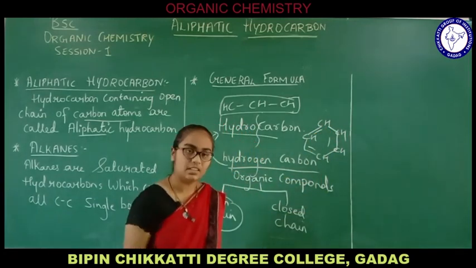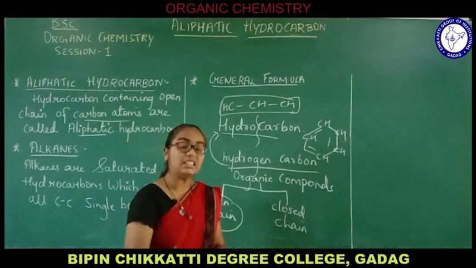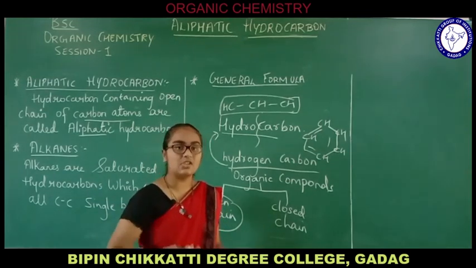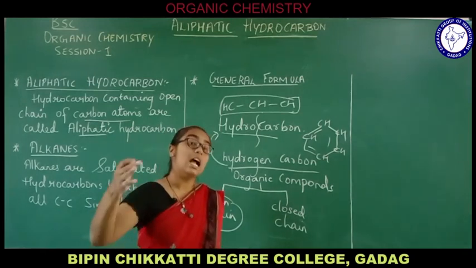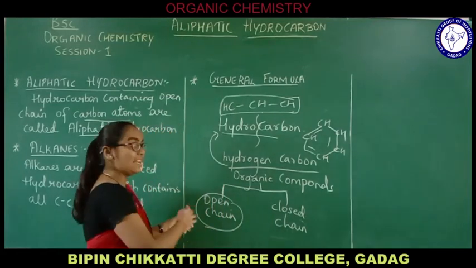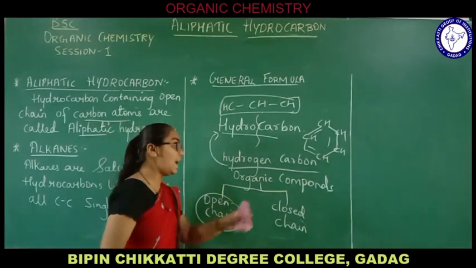Understanding my point? So they will be present in the closed chain, having a particular shape like hexagonal, pentagonal, or octagonal, depending upon the number of carbon atoms and hydrogen atoms in that molecule. Right, so that was all about the classification, open chain compound and closed chain compound.